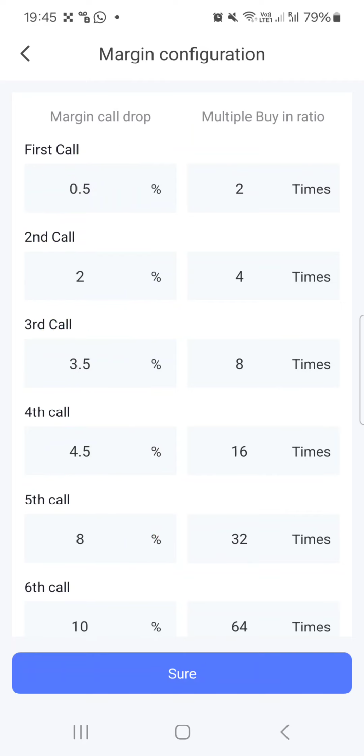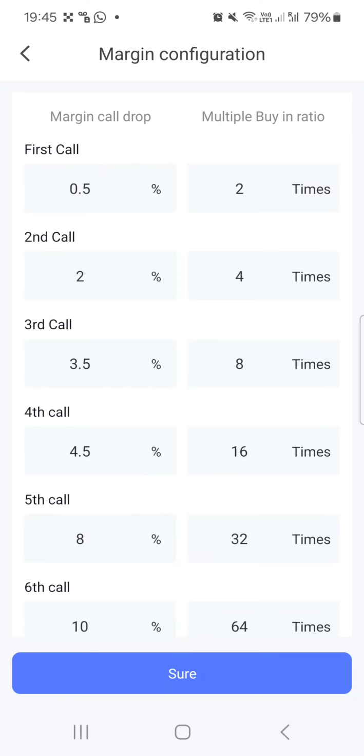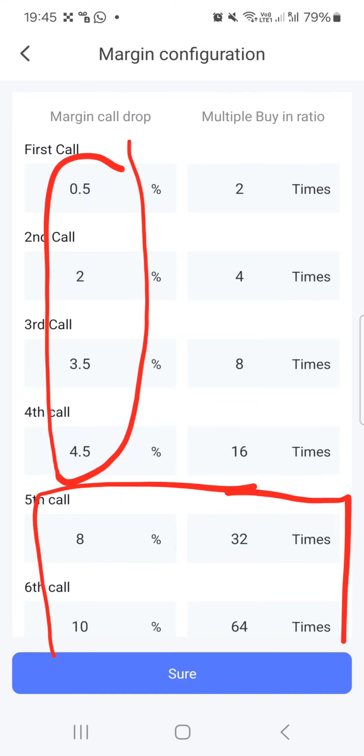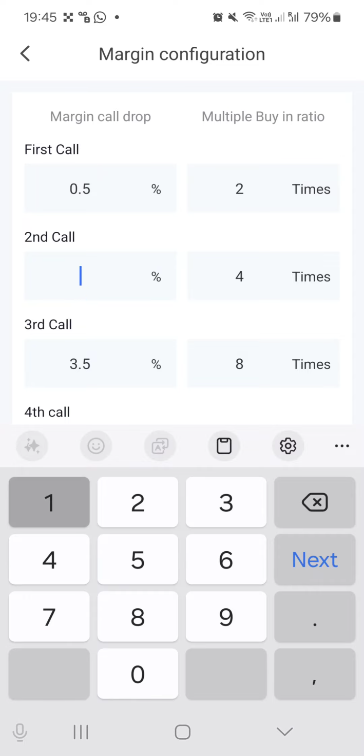What we say is that instead of going with the default settings, which I've changed, as you could see, we will reduce it a little bit, so the robot can buy a bit faster in the first 4 calls, and then after that, you leave the rest as it is, right? We reduced it to 0.5, and I'll leave this at 1%, and we can do this at 1.5.